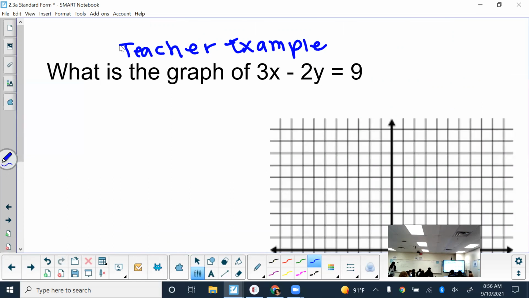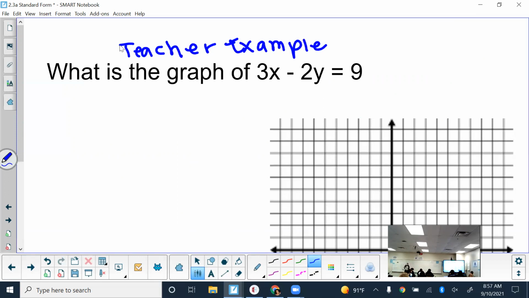All right. So here's the teacher example. What's the graph of 3x minus 2y equals 9? Now, did I tell you this number is your y-intercept, this number is your slope? Can you tell that from standard form? No. So what form can you tell it from? Slope-intercept form.